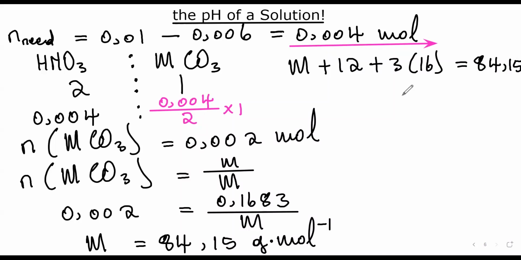Then when you say 84.15 minus 12 minus 3 times 16, well, we simply get 24.15 grams per mole.